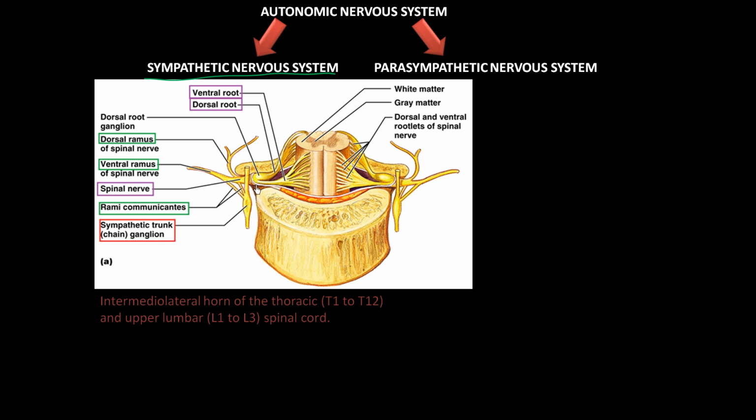The autonomic nervous system is a two-neuron system. You have the preganglionic and the postganglionic neuron. This is the spinal cord. You have white matter here, and then you have gray matter here.